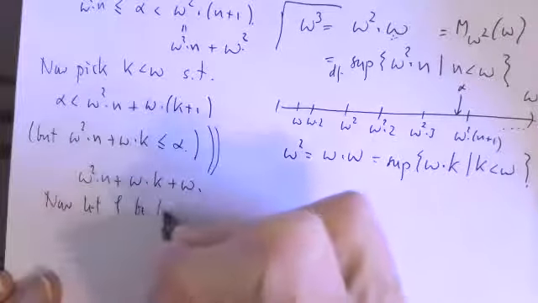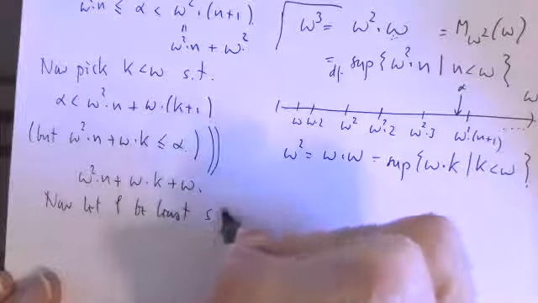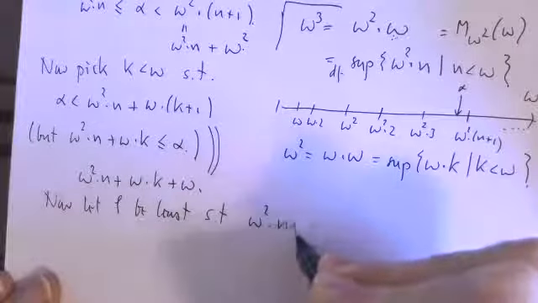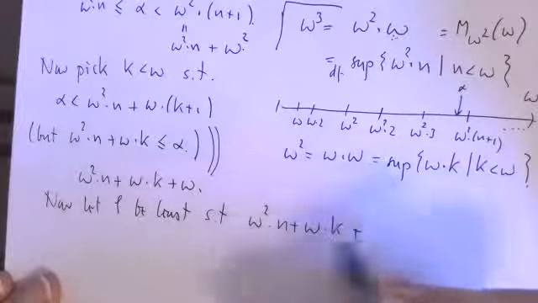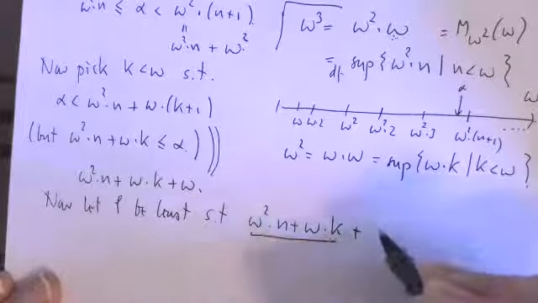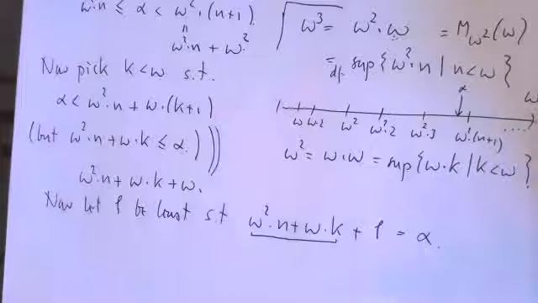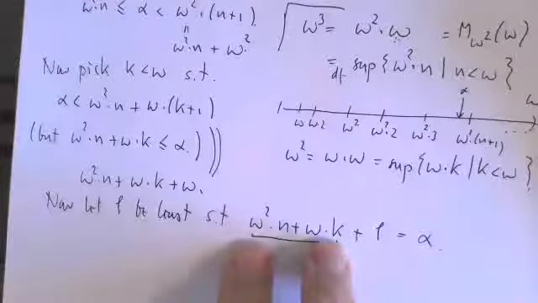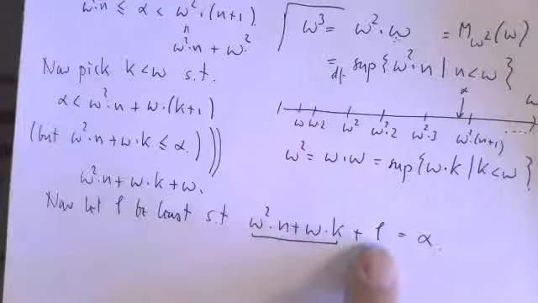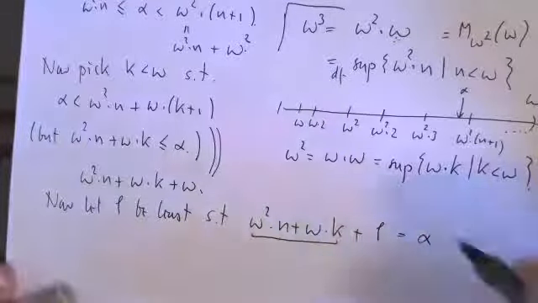Now take l to be least such that omega squared times n plus omega times k plus l is alpha. So again, using part one of the last corollary, given an ordinal less than alpha, I can find something to add to it to get to alpha.